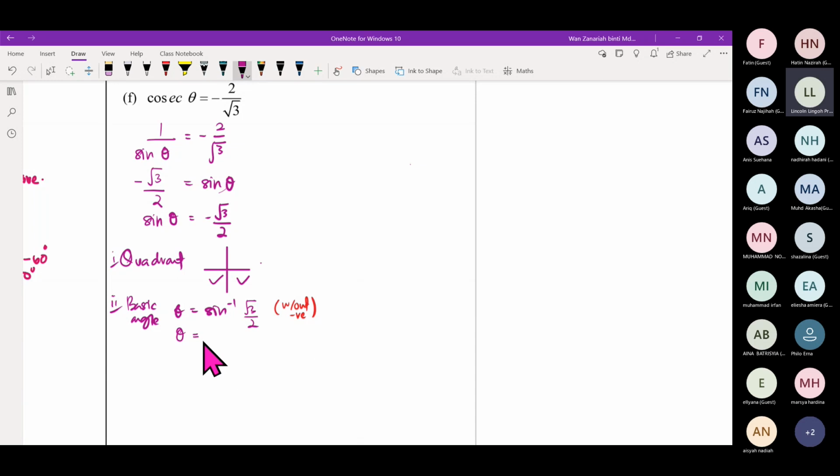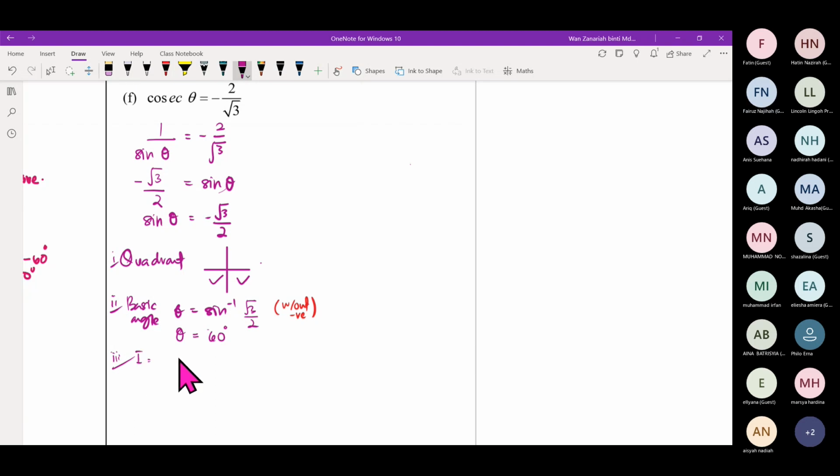Give the answer in 4 decimal places. How much do you get for shift sine of root 3 over 2? 60. Why only one person, are the others asleep? Is everyone okay? Everyone managed to get 60? Yes.